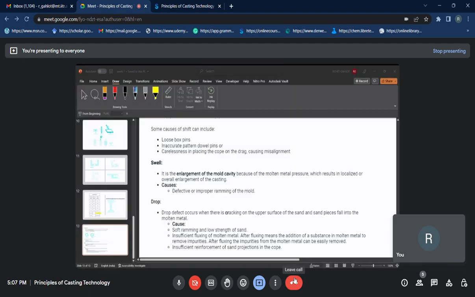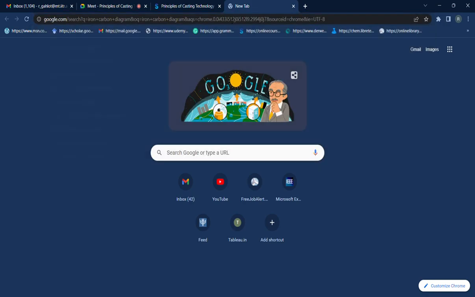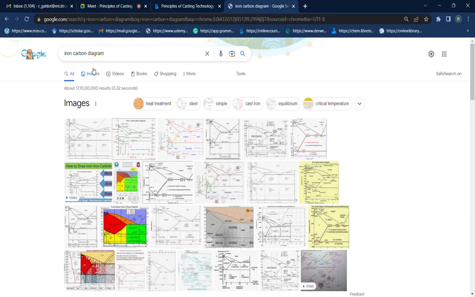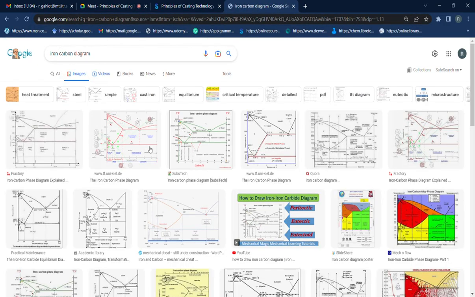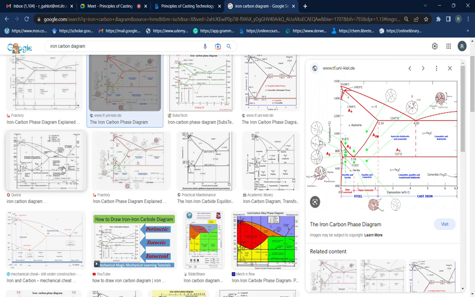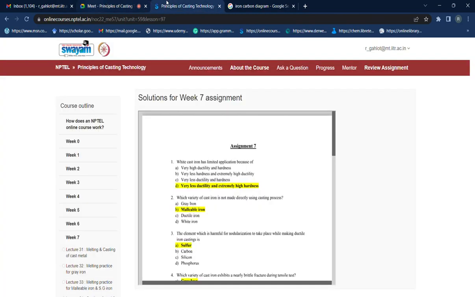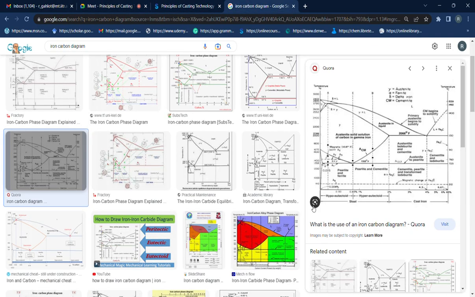I understand hypo and hyper eutectoid steel, but how these reactions happen below 723 degrees, where there is no further decomposition, I forget. And I will see the C curve, how bainite, pearlite, and martensite form. Okay, I got your point.